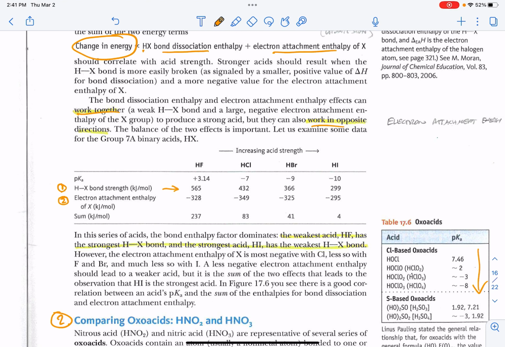And then over here, transferring the electron also generally decreases from here, but again, your hydrogen fluoride is very, very different. And the net effect gives you the total amount of energy. And look how much more energy it takes to split apart hydrogen and fluorine from each other than these others, which is why hydrofluoric would be considered a weak acid and all these others would be considered a strong acid.